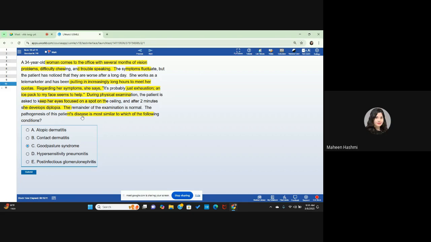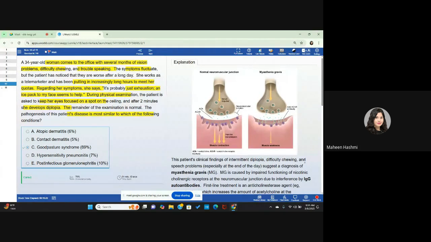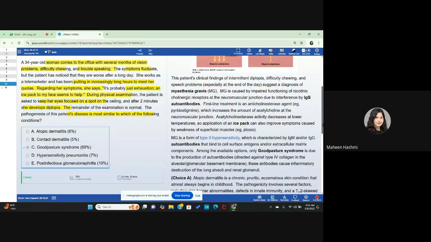And what happens in myasthenia gravis? Antibodies against the postsynaptic acetylcholine receptors. Exactly. So we know that it was myasthenia gravis. Where else do we see diplopia? Botulism.